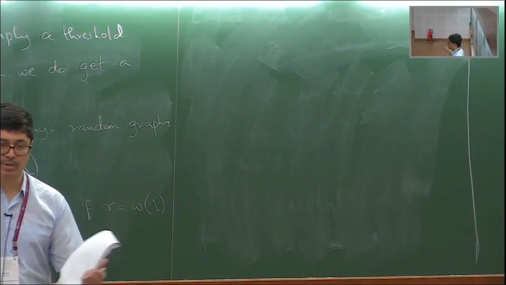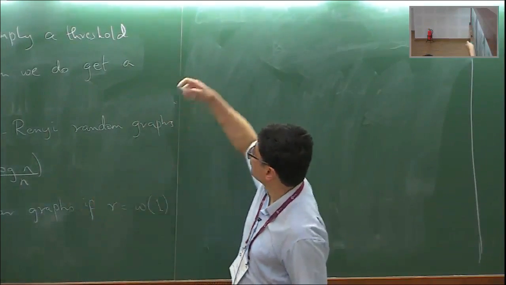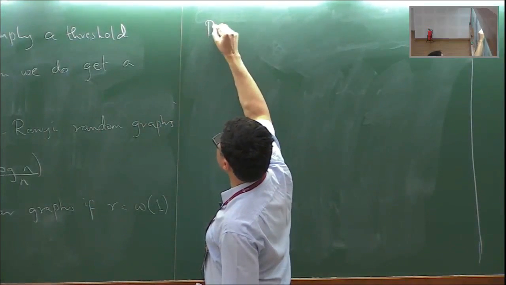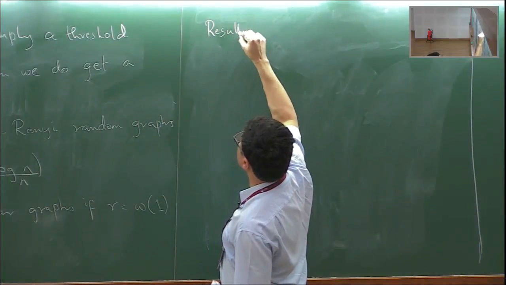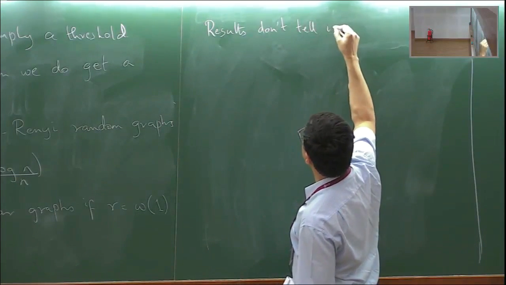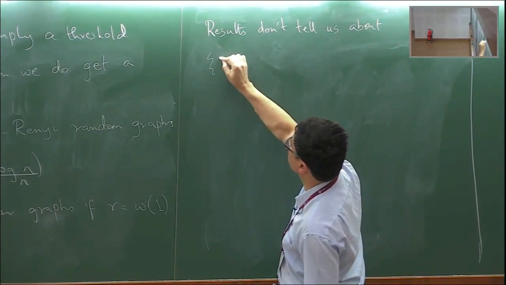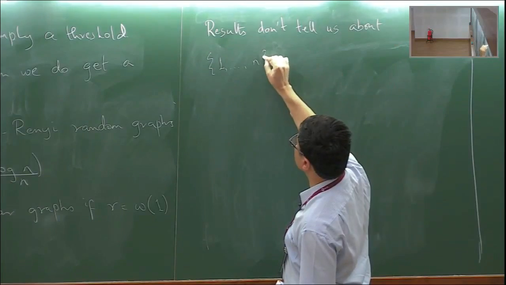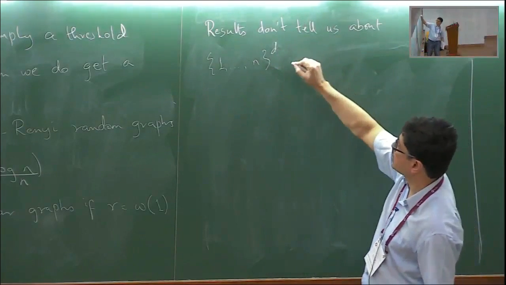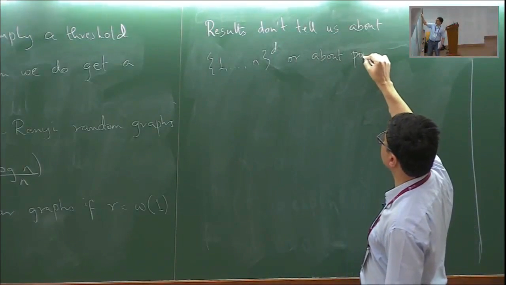So they are not expander graphs, and there is a gap between the two quantities. So the results don't tell us much there. And they also don't tell us much, in this general form, about power law random graphs.